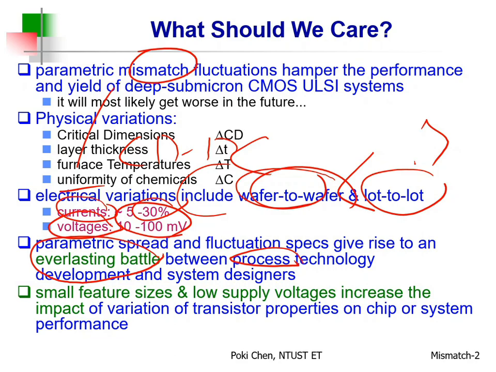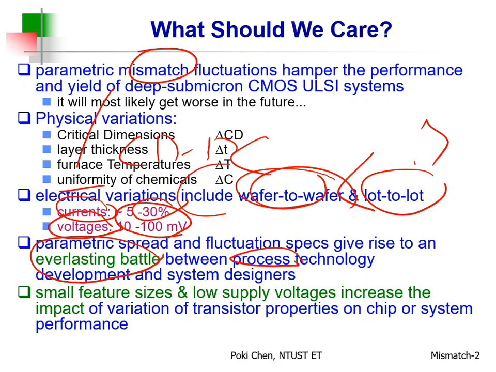If you are not satisfied, please go to UMC, Samsung, or GlobalFoundries. We did our very best already. For example, Qualcomm and other IC designers can do a very good job. And how about you? With the same process, they have very good yield and very good performance. And how about yours? So don't put the blame on us.